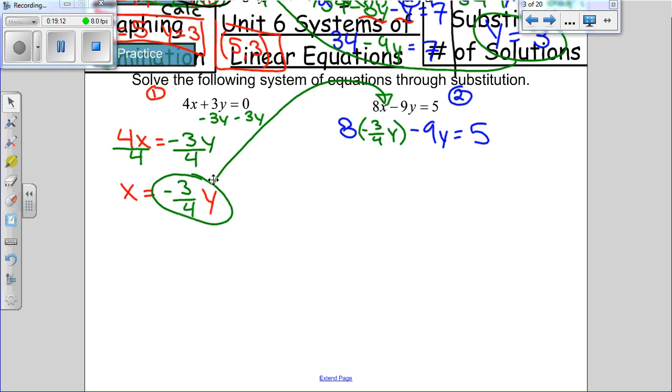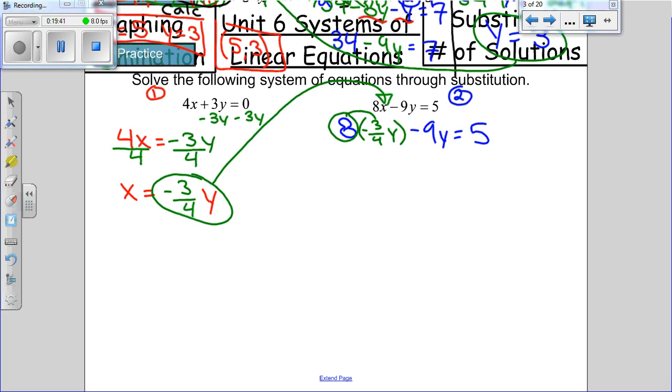Now I need to multiply and then add and subtract like terms. So multiplying is the first step. I have to multiply because there's brackets here. So that means this 8 needs to multiply into the coefficient. To do that, in my calculator, I go 8 times negative 3 divided by 4. That gives me an answer of negative 6.